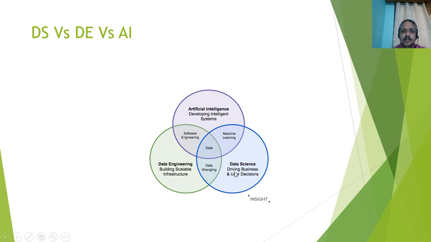Data science aims more towards the output which is useful for the business. From business terminology, this is called data science, which will take up the data, machine learning, and data wrangling. Most of you know the Venn diagram. This is nothing but a Venn diagram. So it requires data, machine learning, and data wrangling.